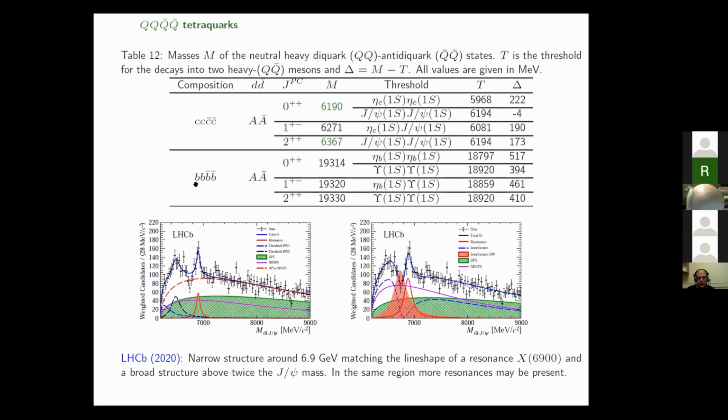And especially for the fully bottom tetraquarks, here we have a difference between the mass of the fully bottom tetraquark and the threshold of about 400 or 500 MeV.